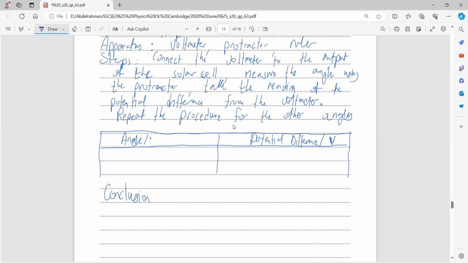Last but not least, we need to write down the conclusion, a very systematic conclusion. We always say we have 3 points to write down the conclusion. Repeat and take average for each angle.